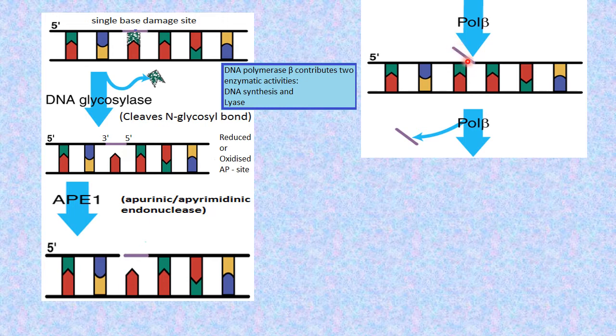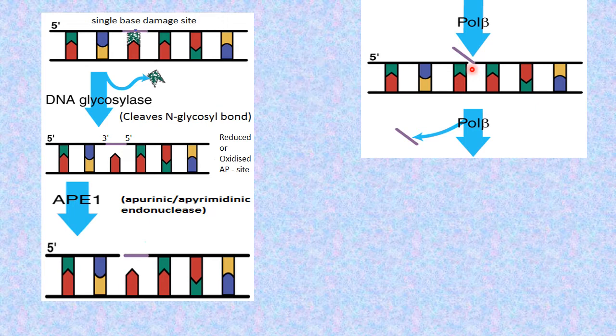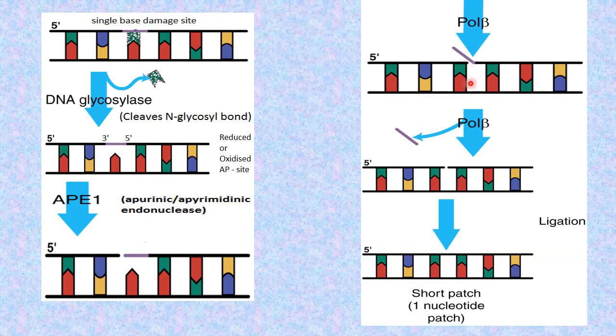It breaks this stretch of backbone, and what we are left with is the nick that was initially present on the 3' site of this abasic site, and now it has shifted to the 5' site because of the DNA synthesis activity of DNA polymerase beta.